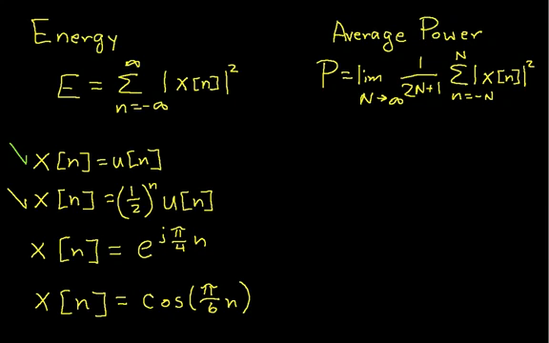Okay, so let's bring up a blank page, and we have x of n is e to the j pi over 4n.